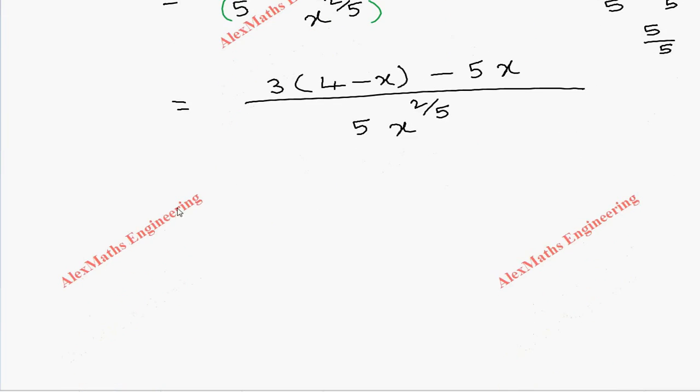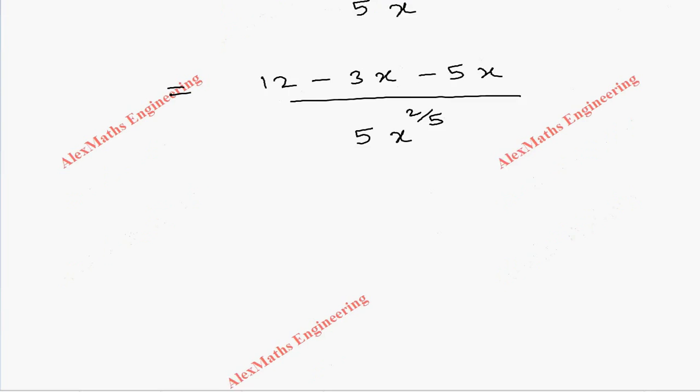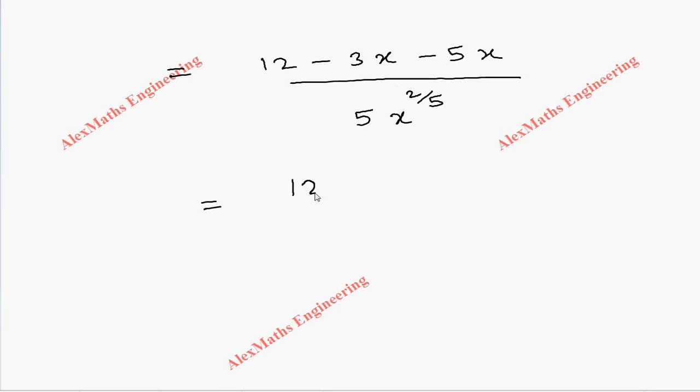Then after this, we will expand the numerator. So it is 12 minus 3x minus 5x whole divided by 5 x power 2 by 5. So finally, the numerator is 12 minus 8x by 5 x power 2 by 5. We have to equate to 0.